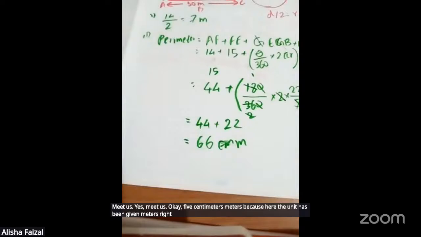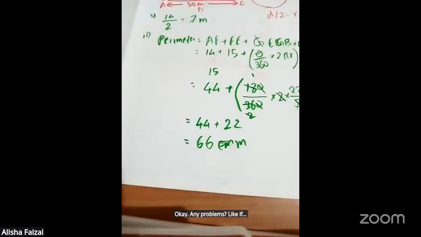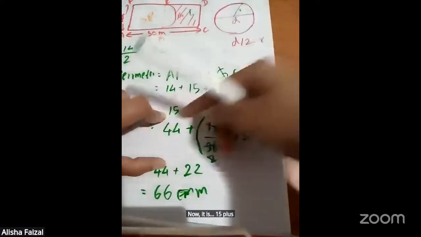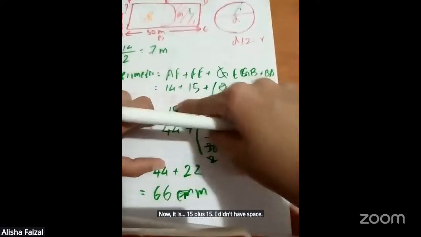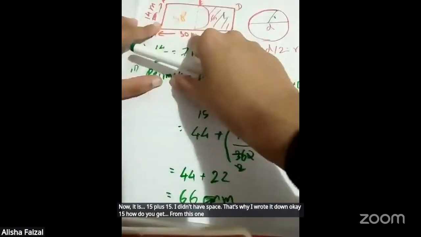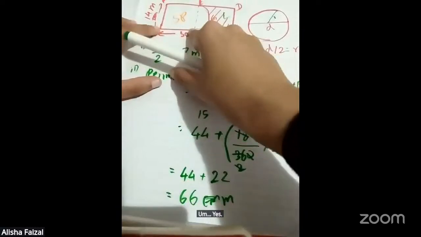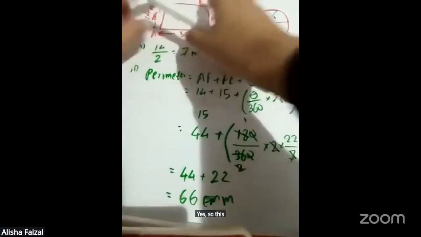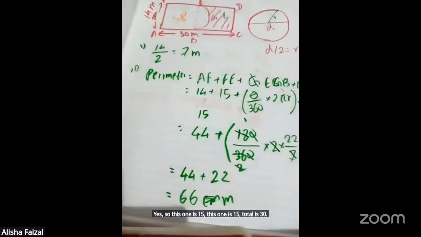Any problems? Madam, how did the 44 come? It is 15 plus 15. Here I didn't have space, that's why I wrote it down. So this one is 15, this one is 15, total is 30. Plus this thing, 14.